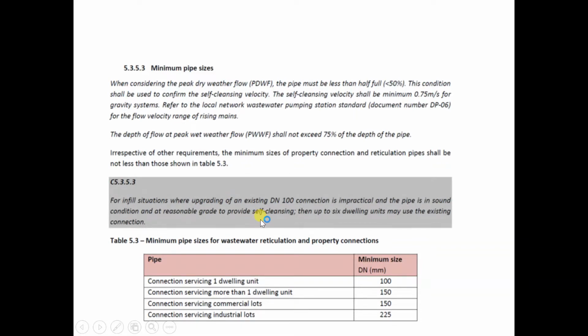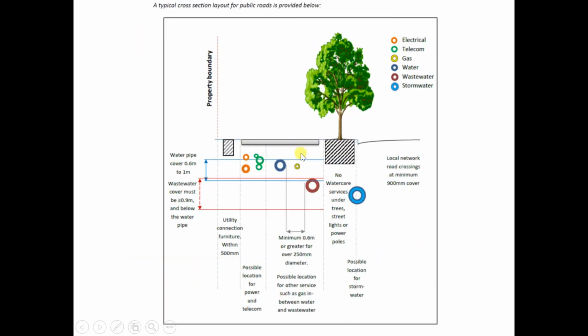Later on when you do the preliminary design, you probably need to look at the whole of chapter 5 on wastewater. The brown color is the wastewater. So it needs to be at least 0.9 meter below the top of the road. So we want to check the critical places, to make sure that we have this 0.9 meter cover for all the roads.